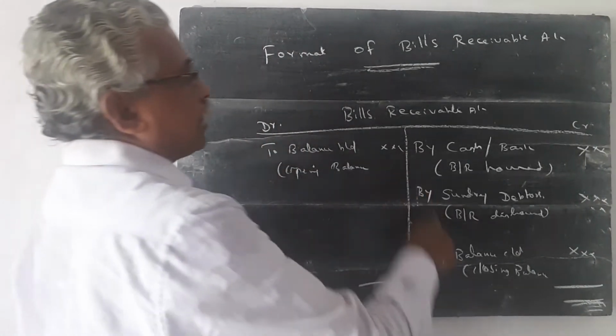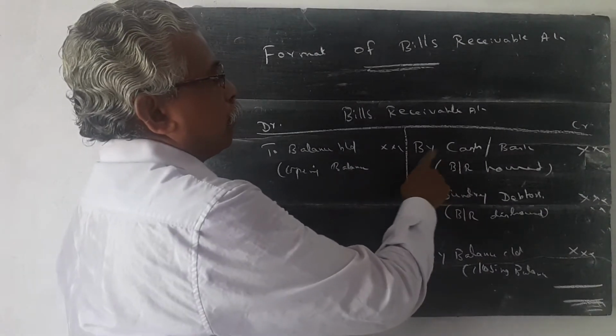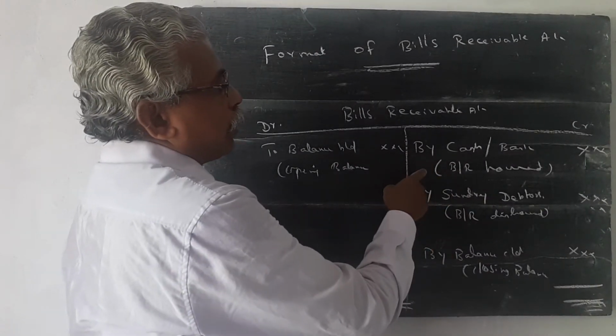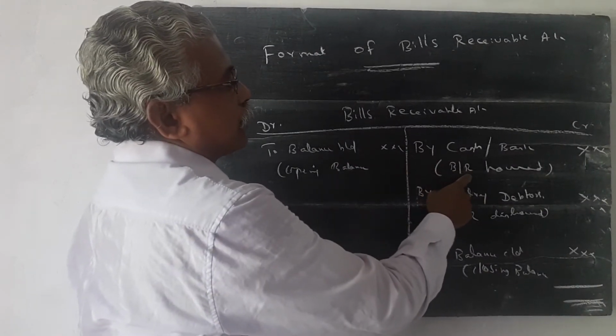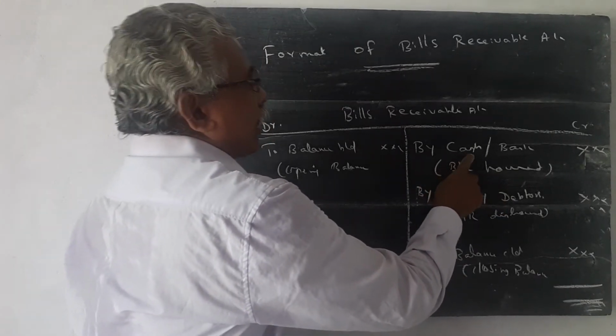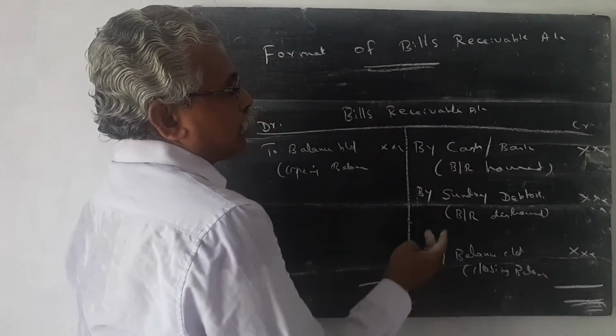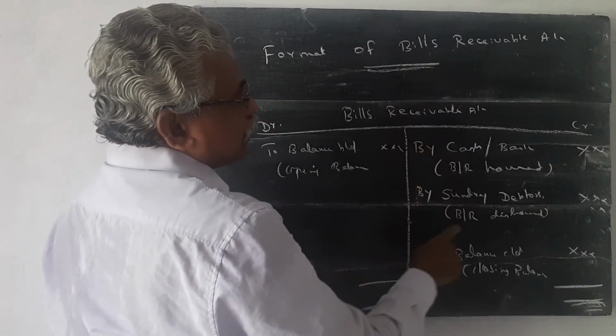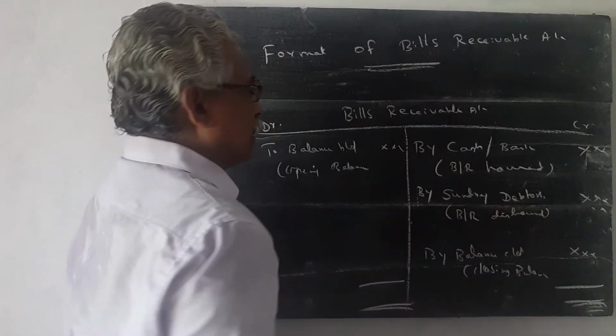Then only three items come on this credit side. By bank, any bill amount received, here we write bills receivable honored. We can use the word cash or bank. Any bills receivable dishonored, we use sundry debtors.